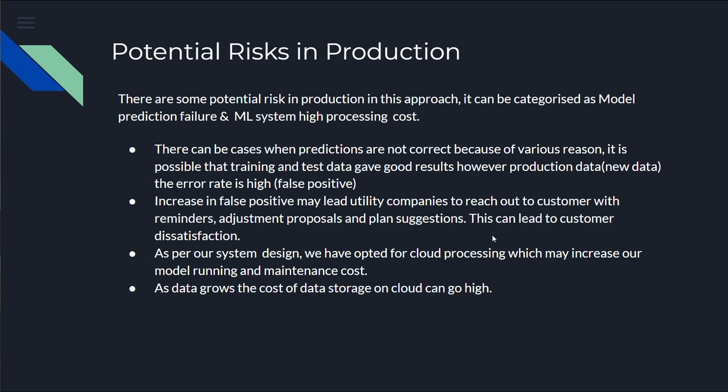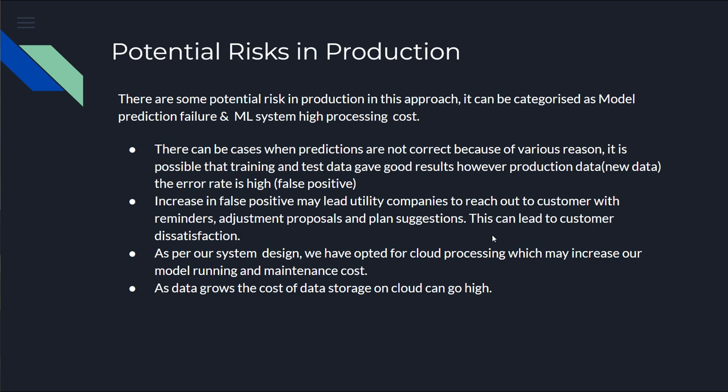As per our system design, we have opted for cloud processing, which can increase our model running cost and maintenance cost, because in the cloud we have to pay for the high-end services that we are using.